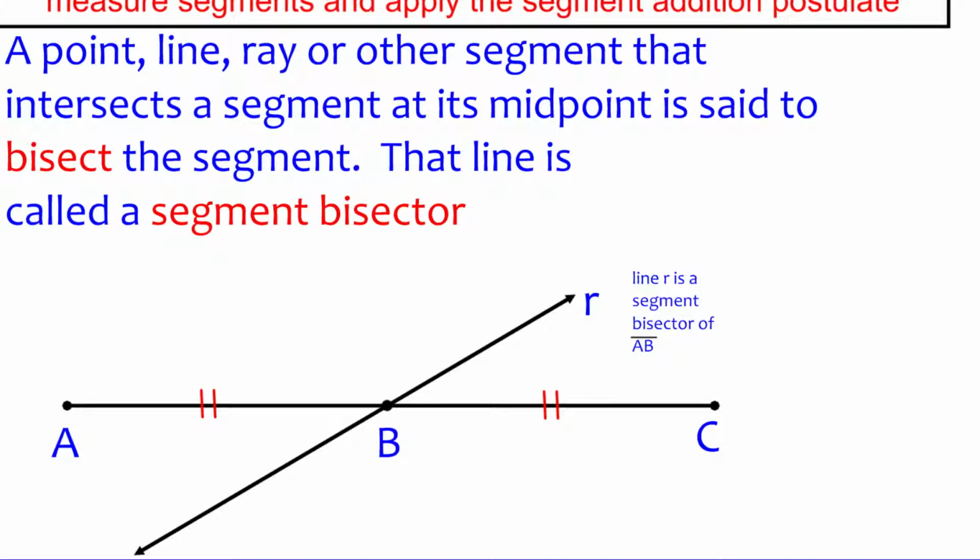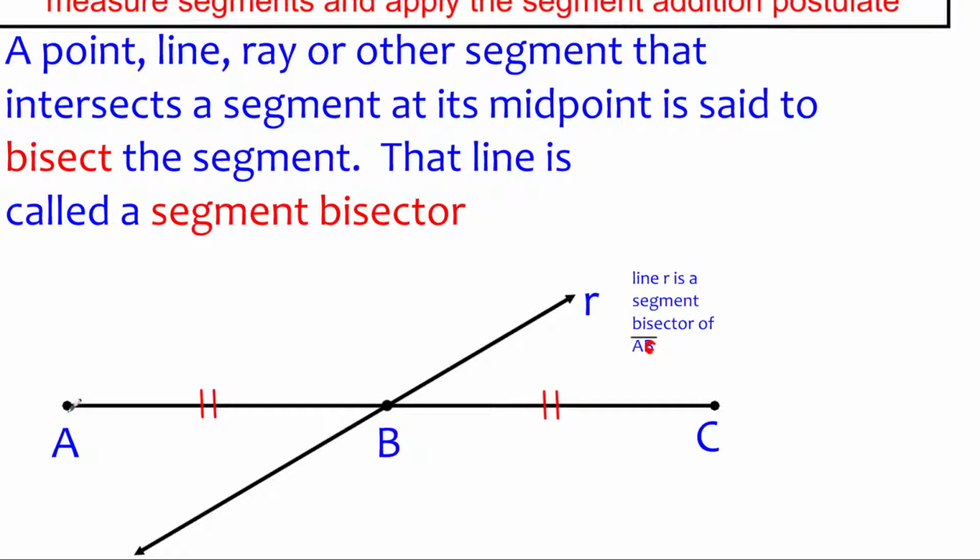There's a relationship between bisecting and midpoint, and that's why these things are put together. If you notice what's happening here, I had that same line AC. The midpoint was at B, and we drew this line that went right through B. So we say that this line R is bisecting AC at the point B. This is usually the bisector of AC, not AB.